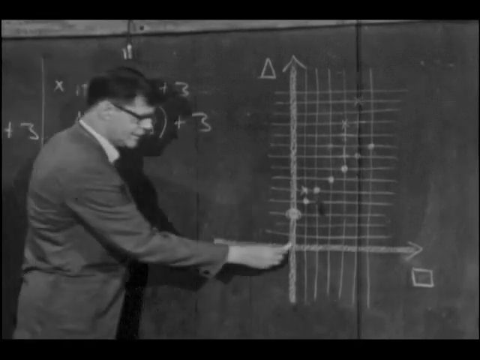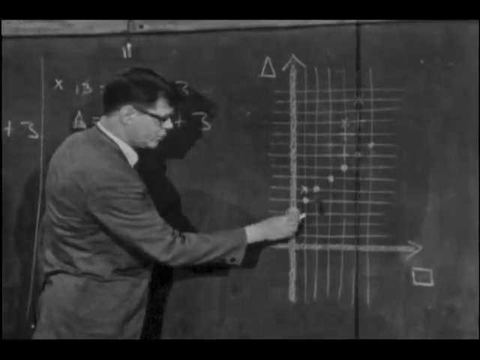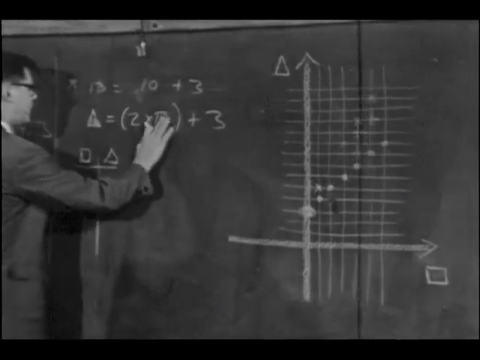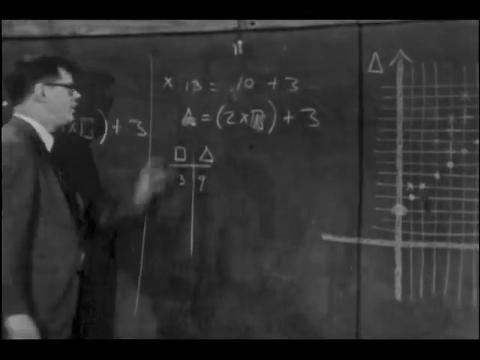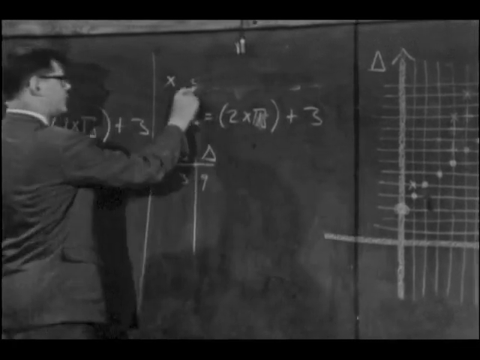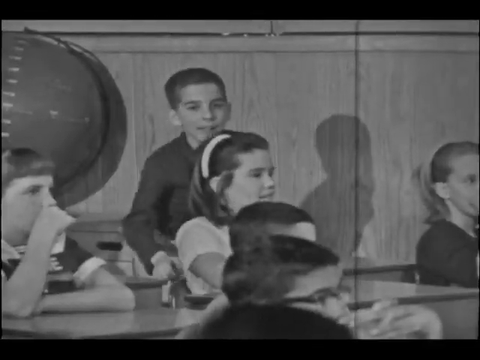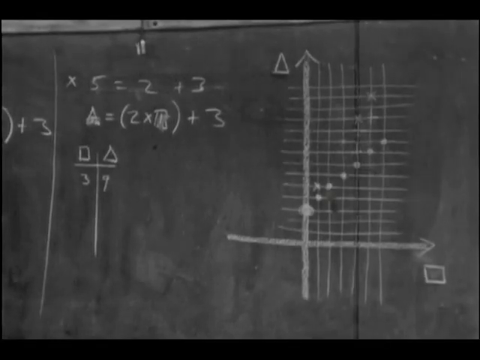Let's see. That's 1, 2, 3, 4, 5. 1 and 5. How about that? Says 5 equals 2 times 1, which is 2, plus 3. True or false? True. All right.